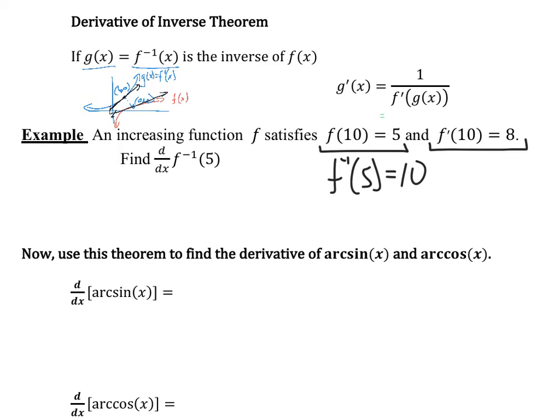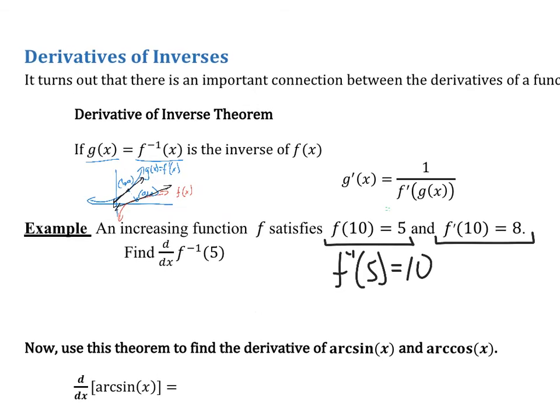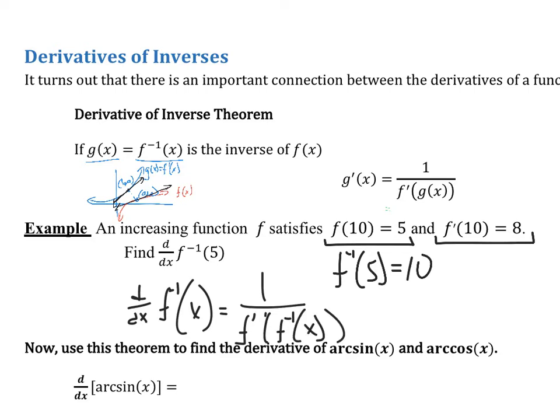Well, according to our definition up here, the derivative of the inverse, so that would be d dx of f inverse of x, is 1 over the derivative of f composed with f inverse of x. Now in this case, what is x? X is 5.